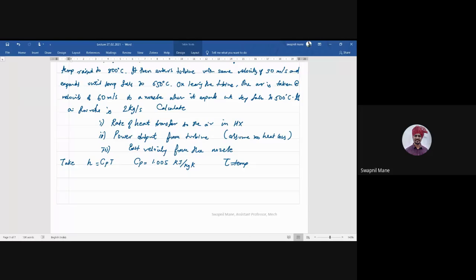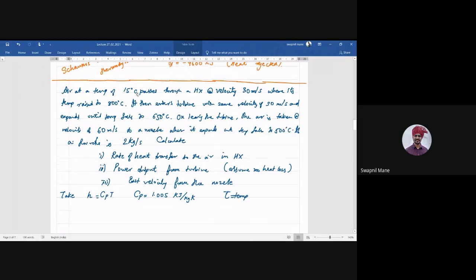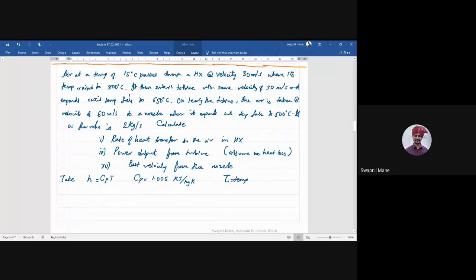So by reading the question, what it says is that air at a temperature of 15 degrees passes through a heat exchanger. So first we have a heat exchanger. This is my inlet, this is my outlet, and this is my system boundary. So this is the first condition.